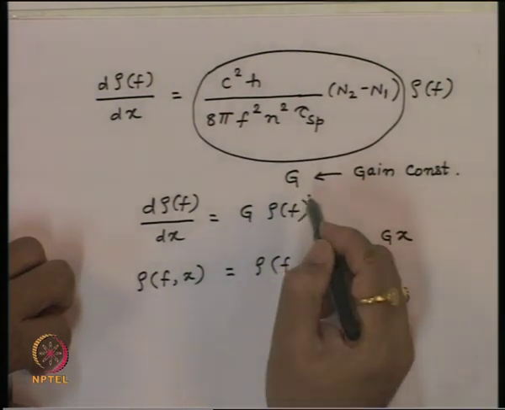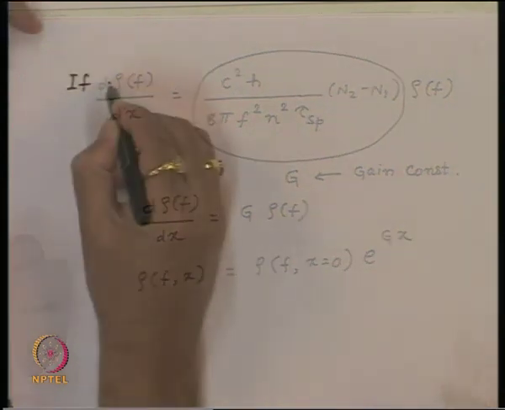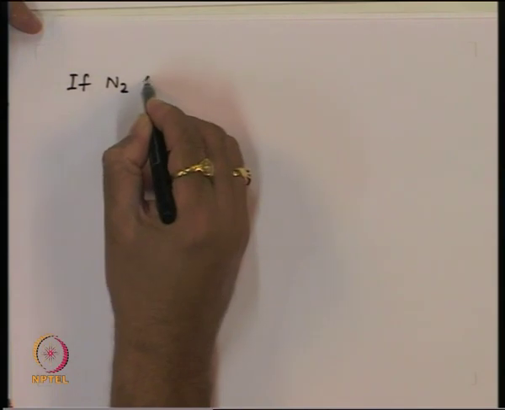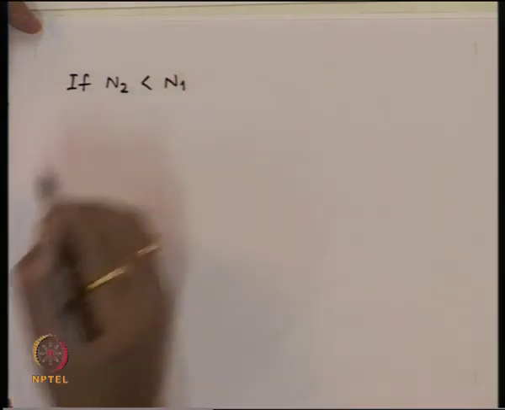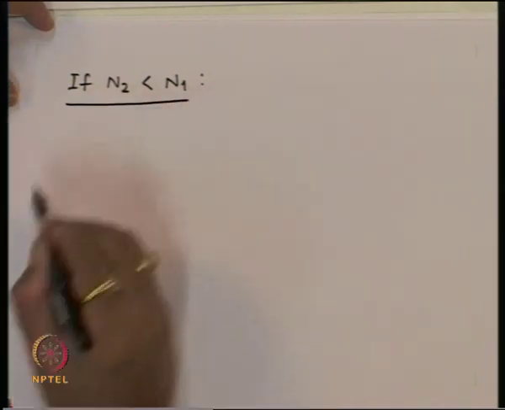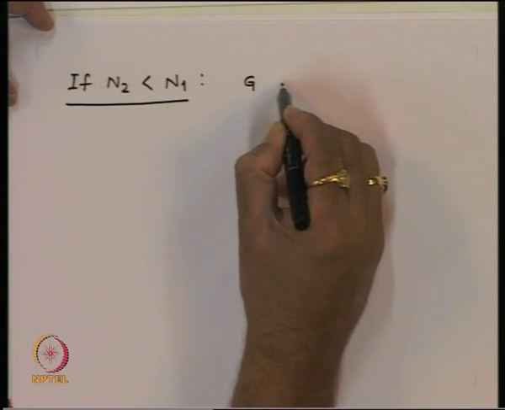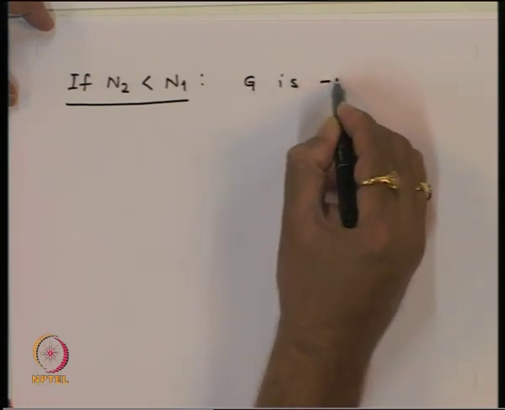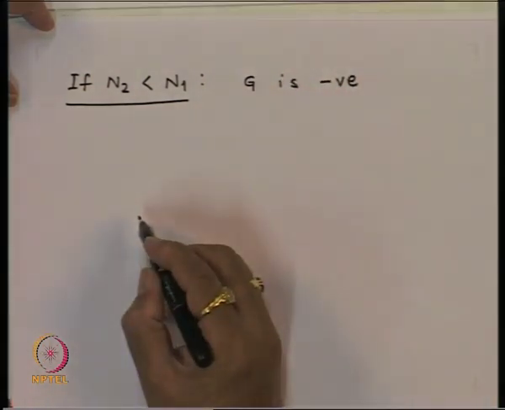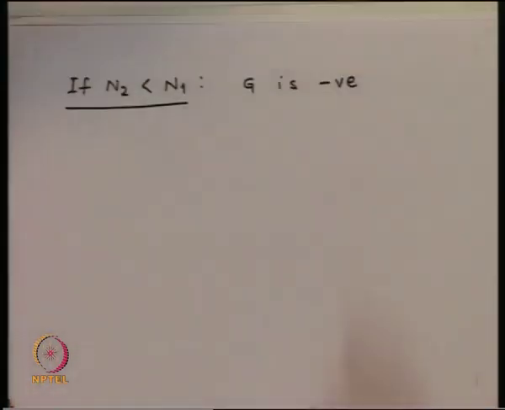So, essentially we have now these three things possible. One is if N2 is less than N1, which is the normal condition, then g is negative, or it represents exponential decay of this function.